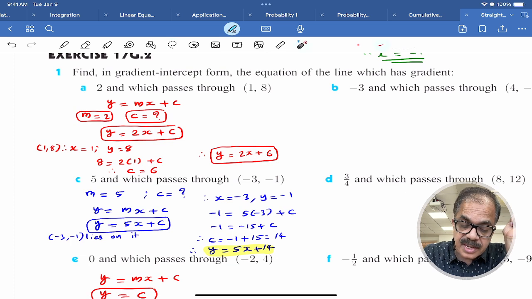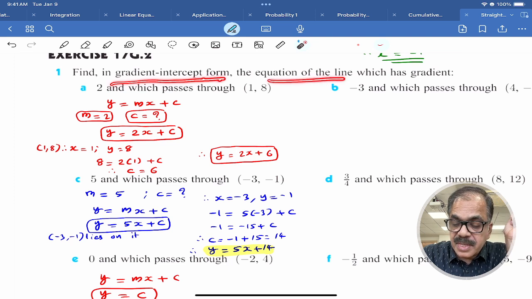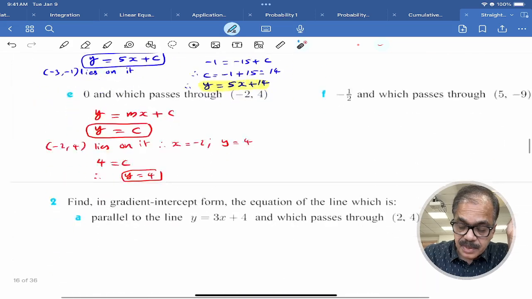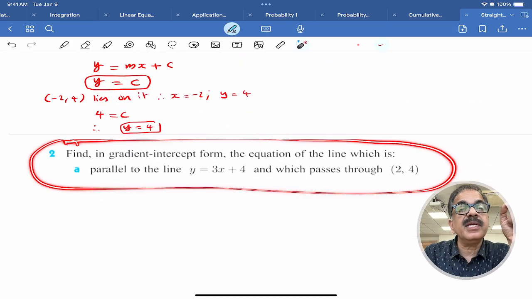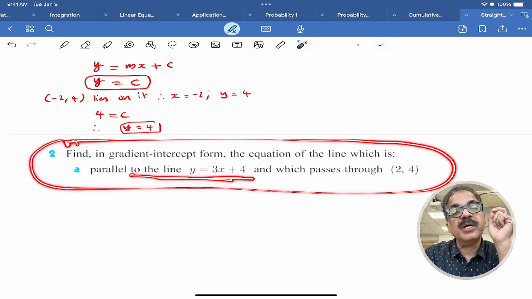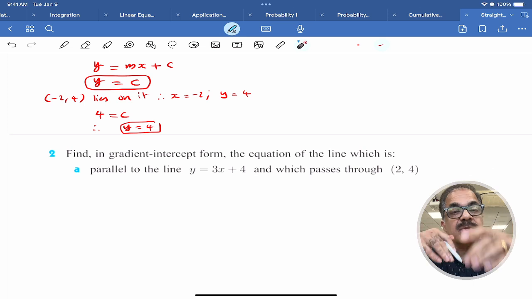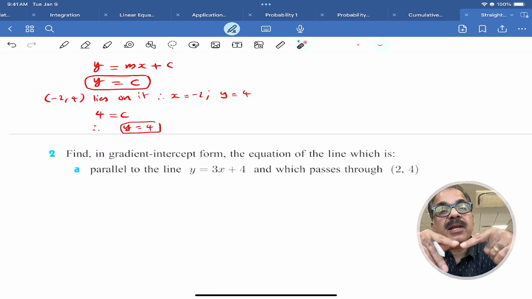Look at this question again. It says find in gradient intercept form the equation of a line which has gradient 2 and passes through the point. But when we come down to this question here, they still want the equation of a line in the gradient intercept form, but the gradient is not given to us. They said instead it is parallel to another line. So we are looking for a line which is parallel to the given line.